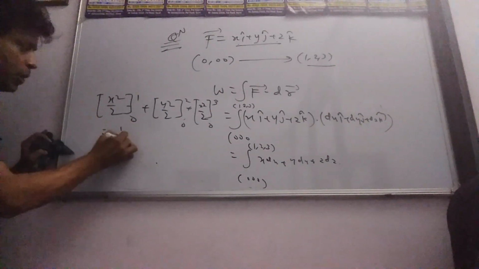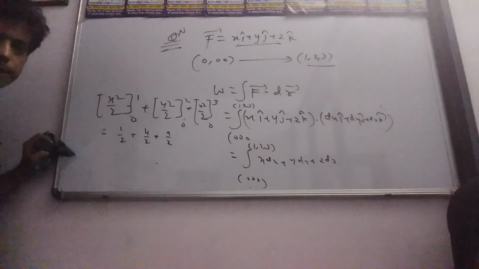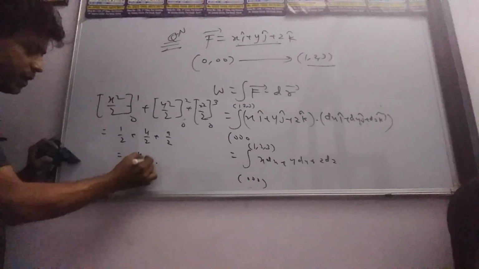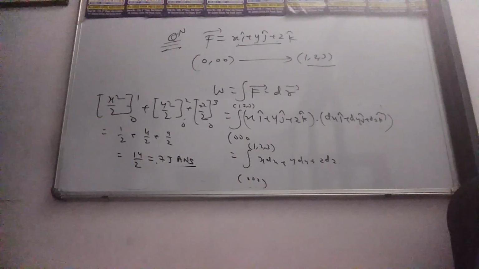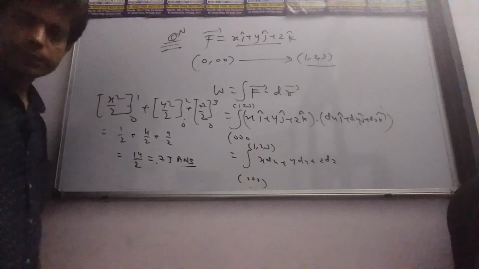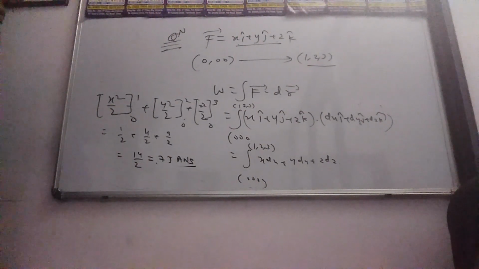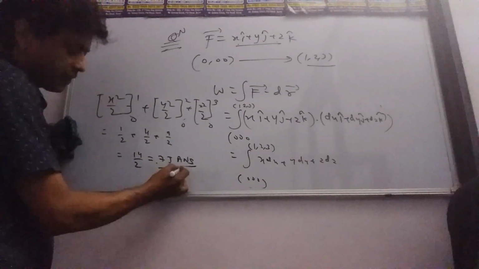Now it is 1 by 2 plus 4 by 2 plus 9 by 2, 14 by 2, 7 joule. Answer. Clear now? W is equal to F dot dr. Right. Answer is 7 joule.